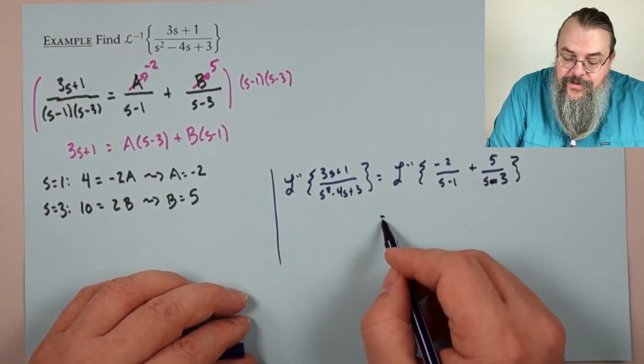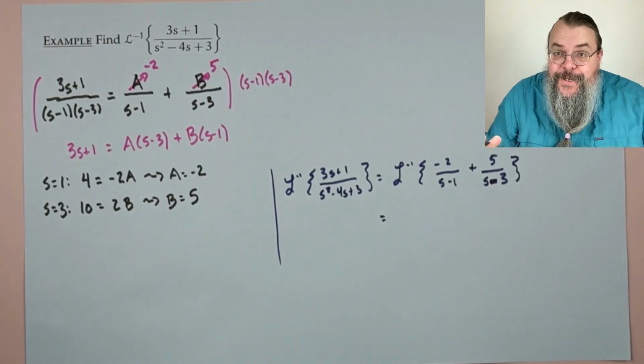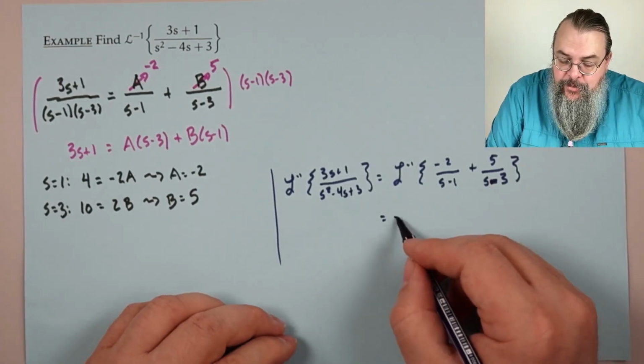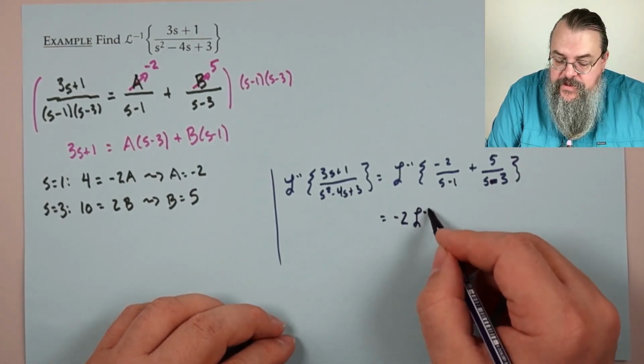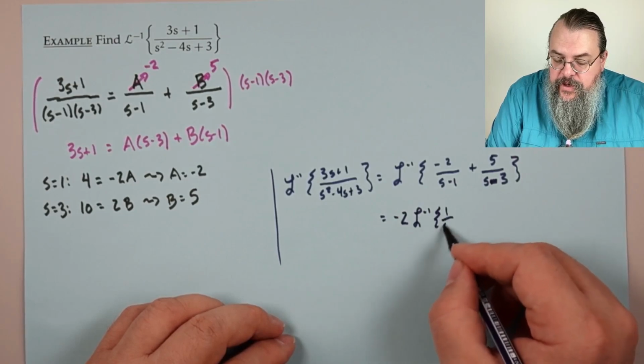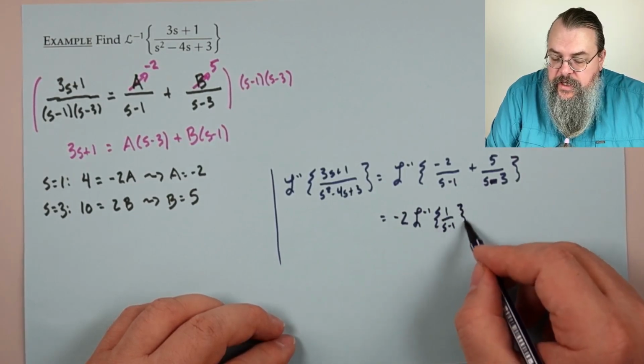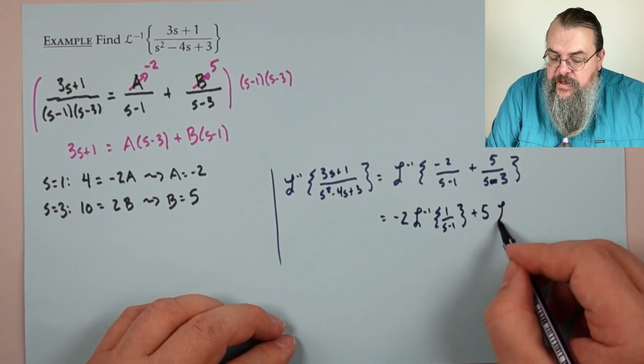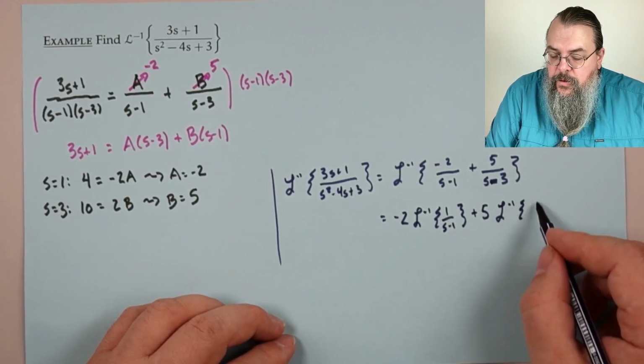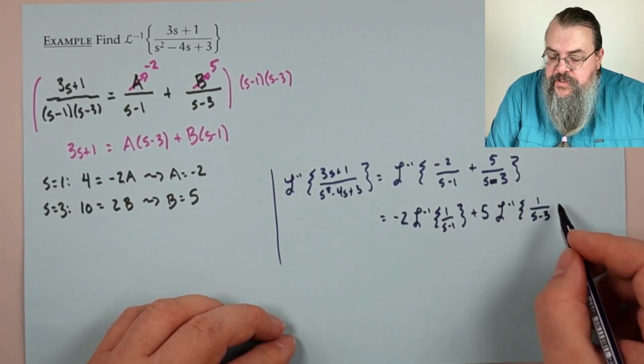But since inverse Laplace is linear, this becomes minus 2 inverse Laplace of 1 over s minus 1 plus 5 inverse Laplace of 1 over s minus 3.